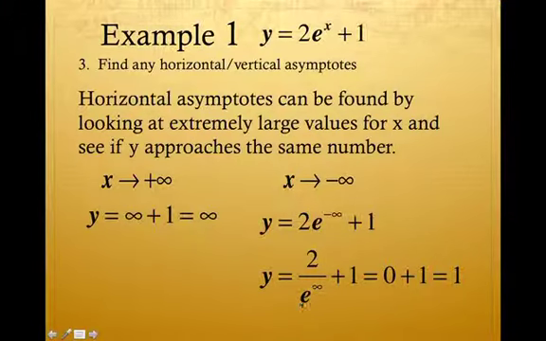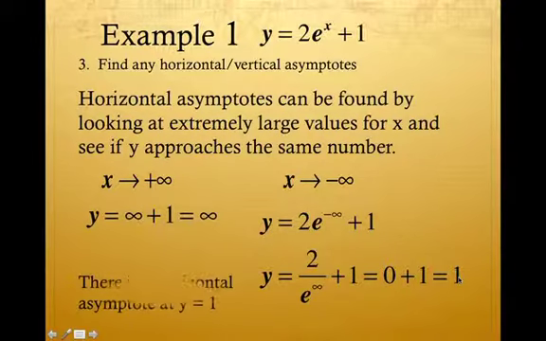And of course, e to infinity is going to be infinity. So 2 divided by infinity is going to be 0, right? And now over here, this plus 1 isn't affected. So this is going to 0, but this stays the same. So the net effect overall is that we're getting closer and closer to 1. So there is a horizontal asymptote at y equals 1.